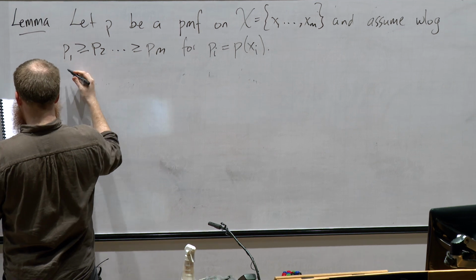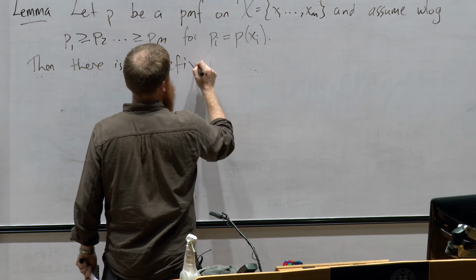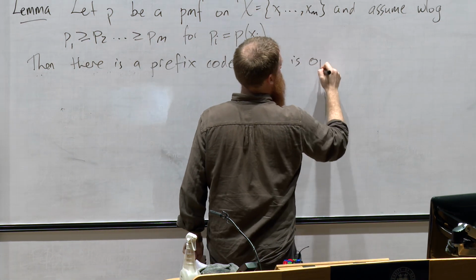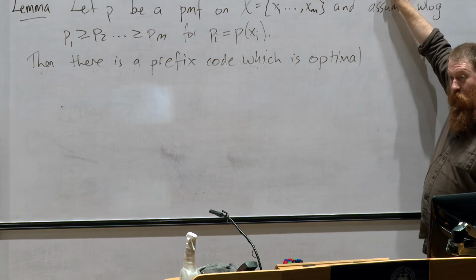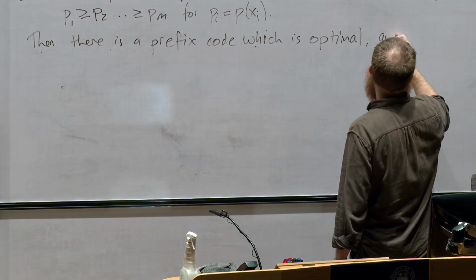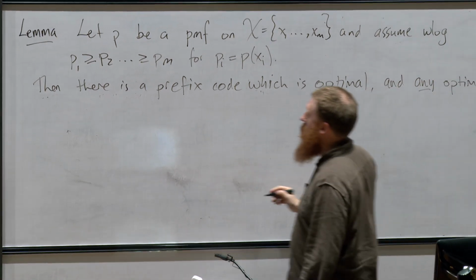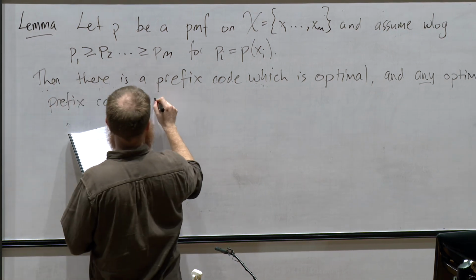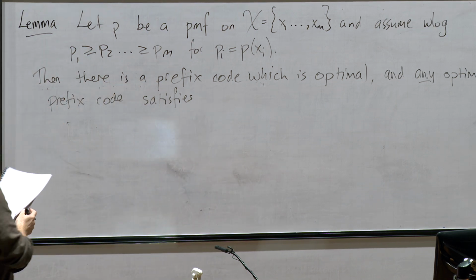Then there is a prefix code which is optimal. That we've already proven. We already know there exists an optimal code which is prefix, but we're going to say some more about it. And any optimal prefix code satisfies three properties.